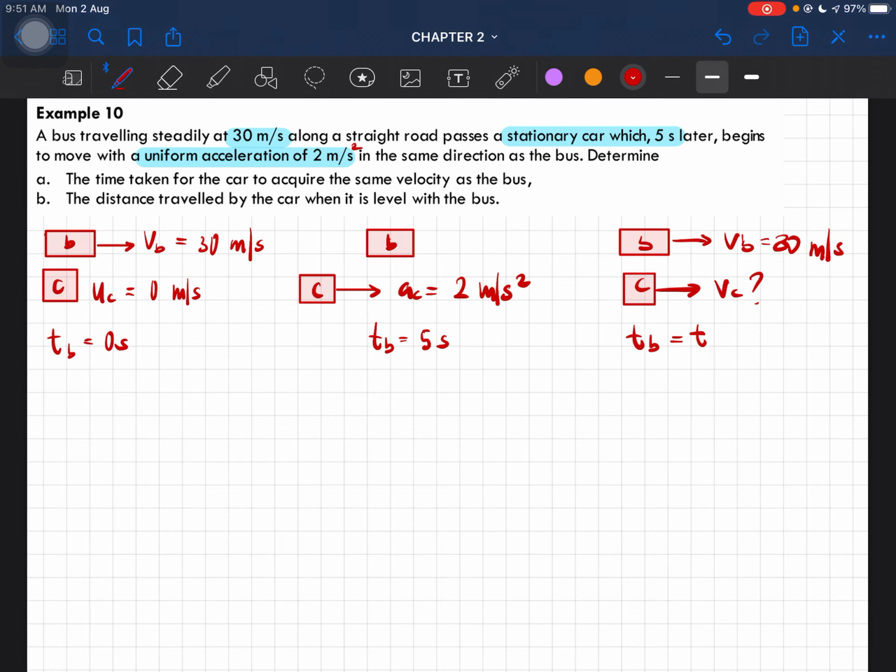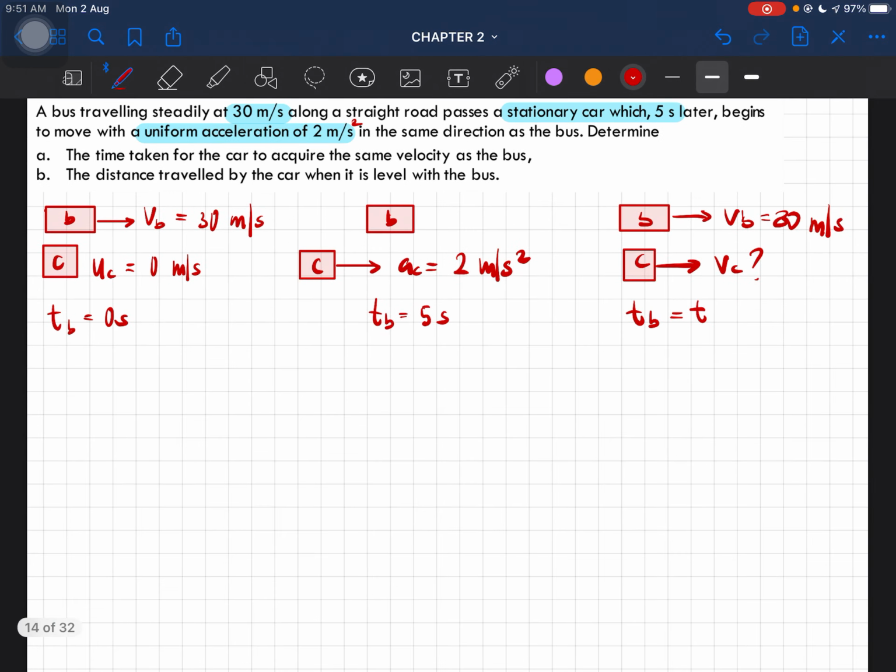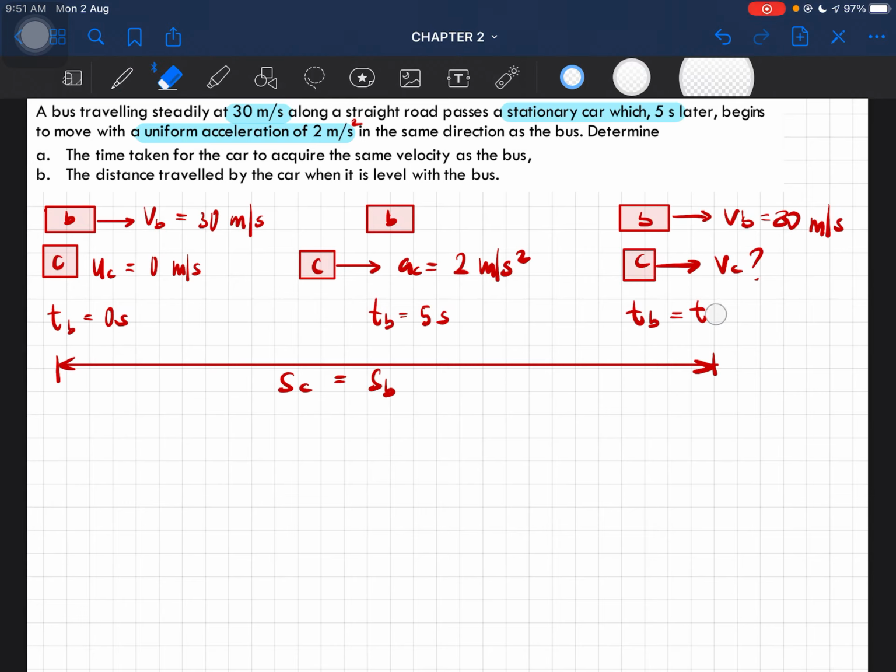Okay, so the distance traveled would be the same for the car as well as the bus. Sorry, this one is not for car, this is the bus. We let it equal to t. T is the time taken where the bus and the car are at the same level, right?